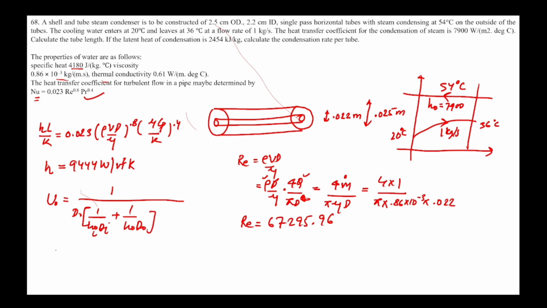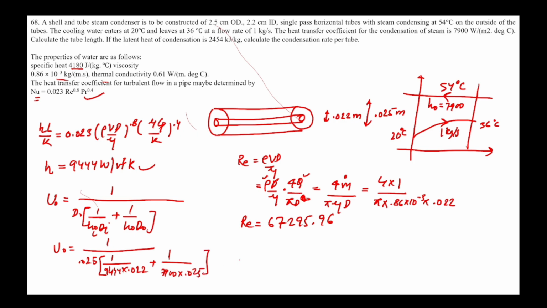So U naught is equal to 1 upon D naught 0.025 by h inside, we have calculated 9444, into 0.022, plus h outside we have 7900 into 0.025.